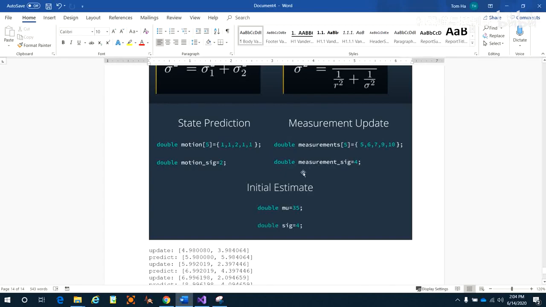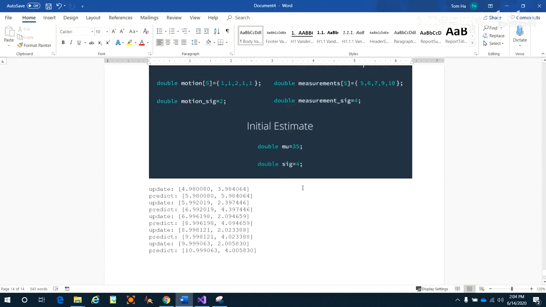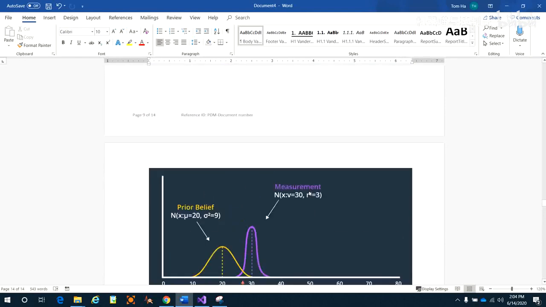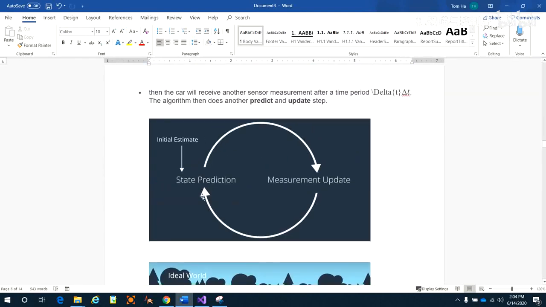So how do we get the estimate in this case? Look at the example from the picture I showed you the first time. With Kalman filters, we do this again. The first time, we start this cycle from the state prediction, but we don't know where the robot is, so we give an initial estimate.